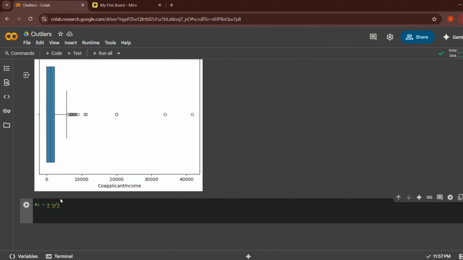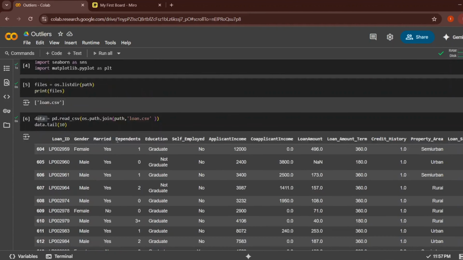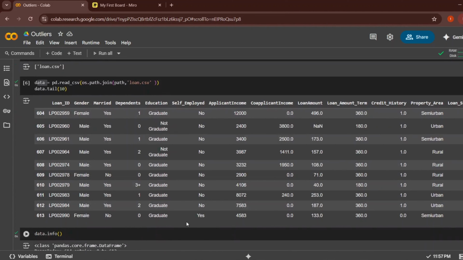Alright, now what we do is we write z-score is equal to data. Our x values, the values that we're dealing with, are all these rows in this co-applicant income column.